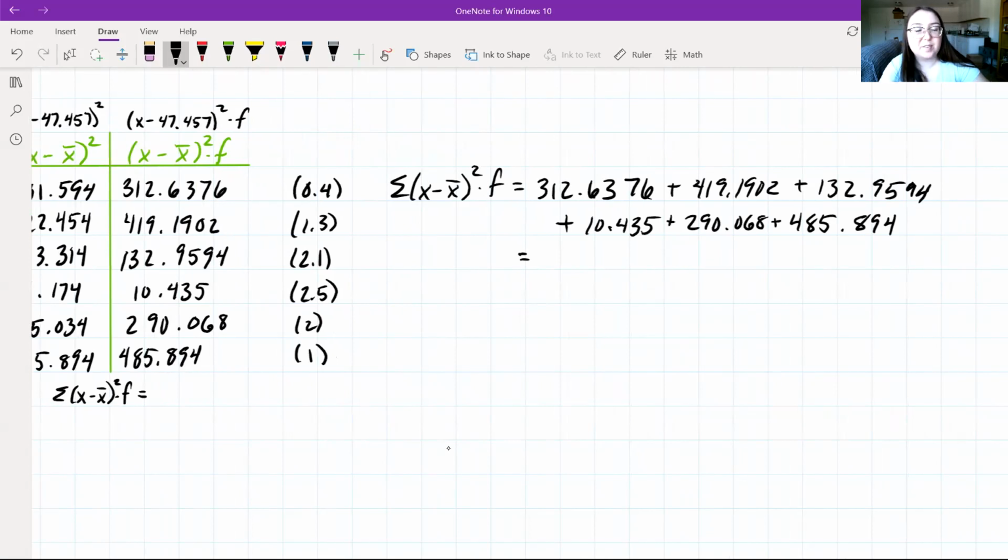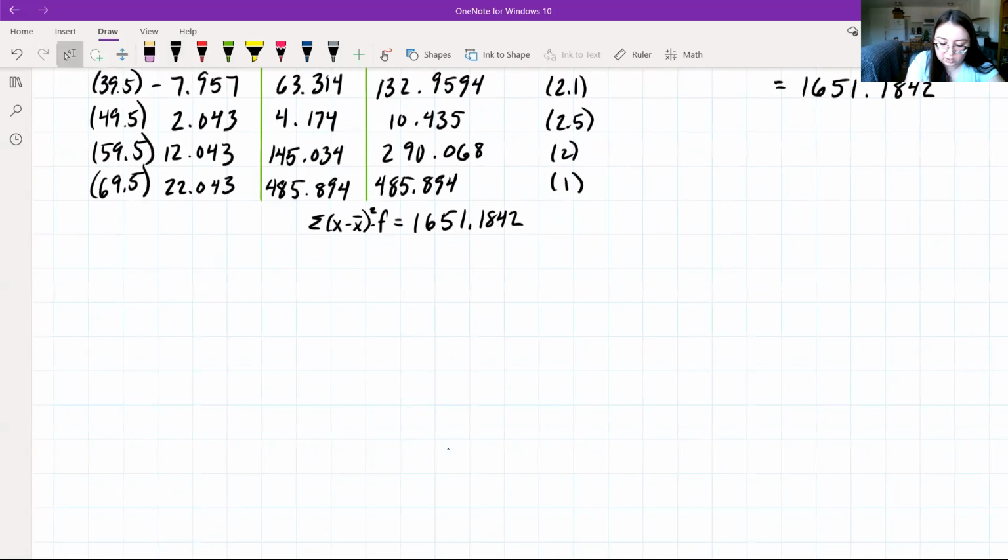When we add all these values up, we're going to get 1,651.1842. Now we can write this in our sum here. We have 1,651.1842.